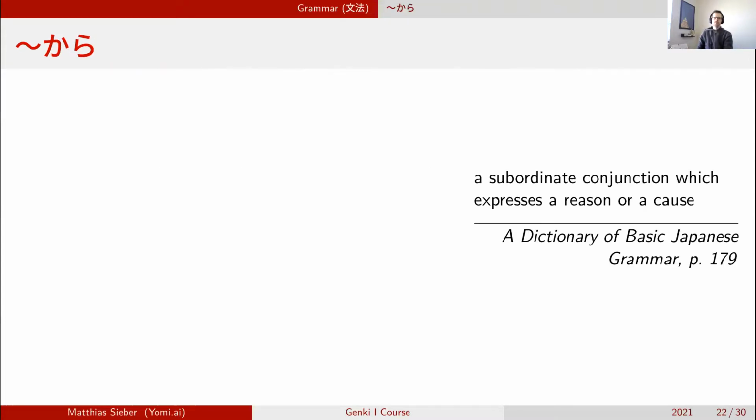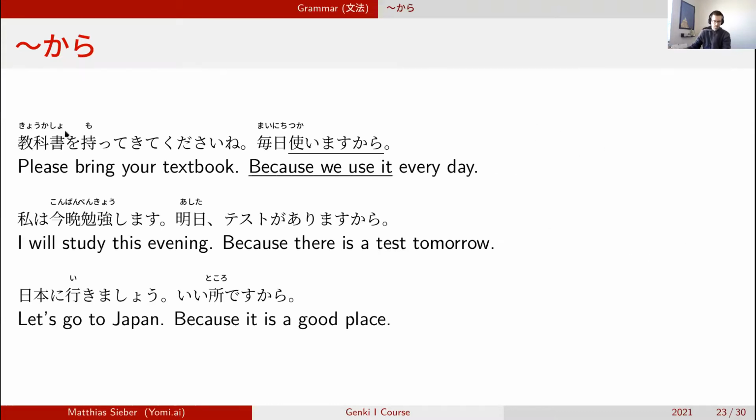Final point, not the te form, but one of the uses of kara. Here it is a subordinate conjunction which expresses a reason or a cause. The example we have: 教科書を持ってきてくださいね。毎日使いますから。So please bring your book because we use it every day. 使いますから, because we use it.